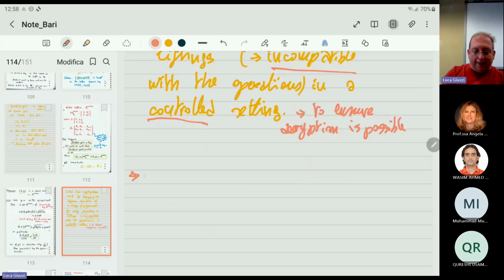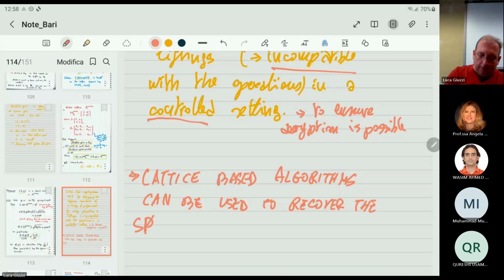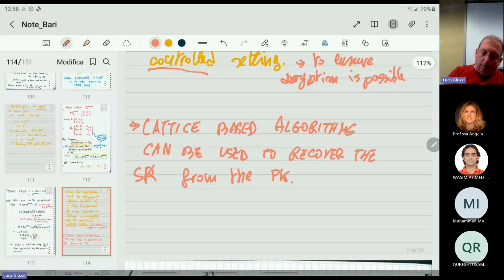What we have is that lattice-based algorithms can be used to recover the private key, the secret key, from the public key. How?